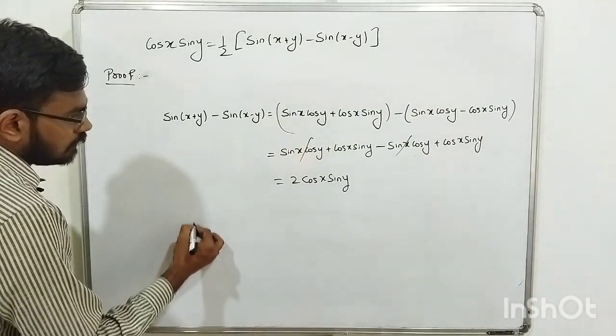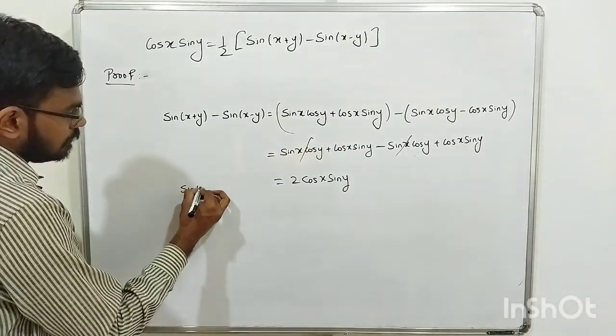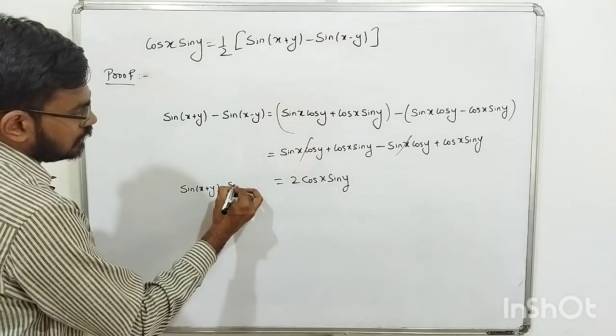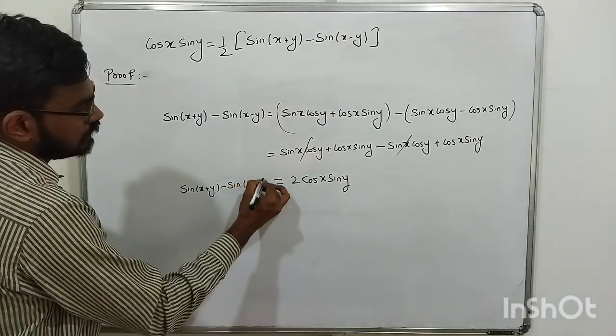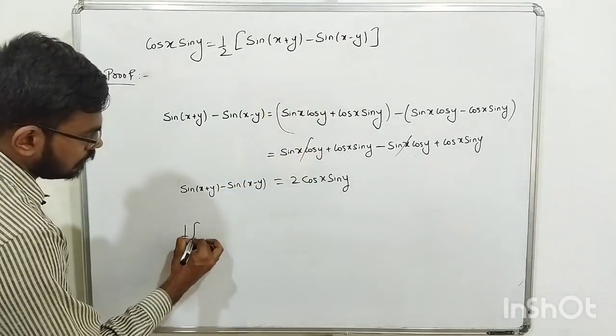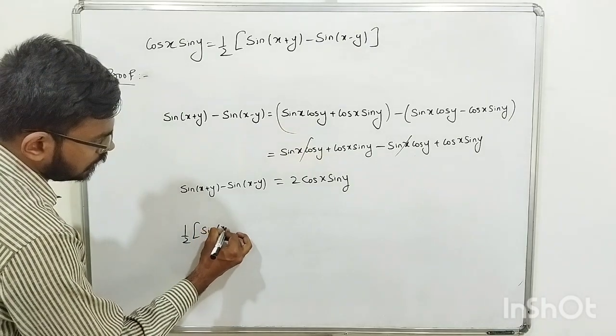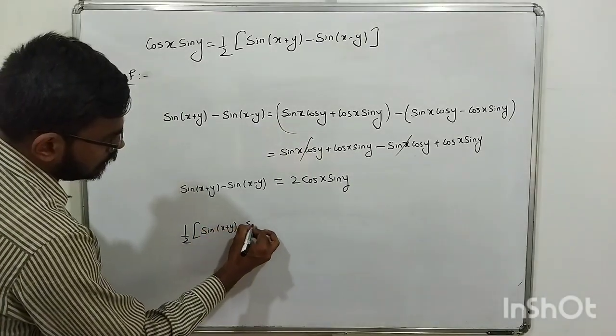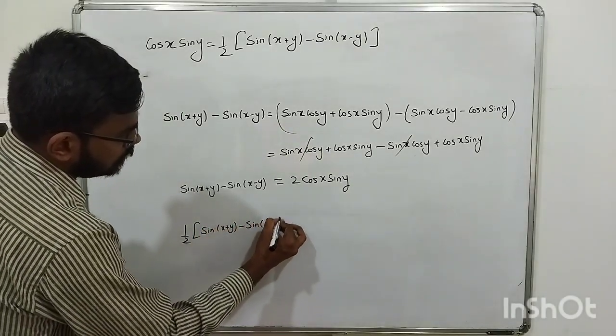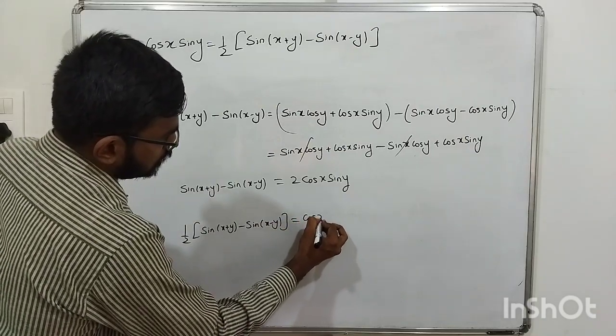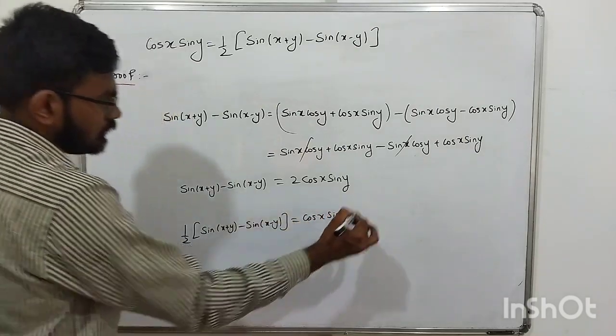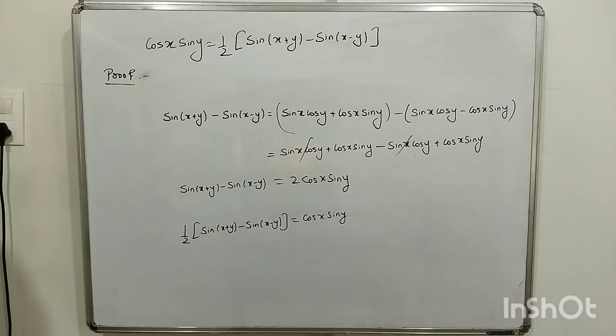Then we just divide by 2, so half of sin(x plus y) minus sin(x minus y), and we get that formula for cos x sin y. So the second formula we have derived.